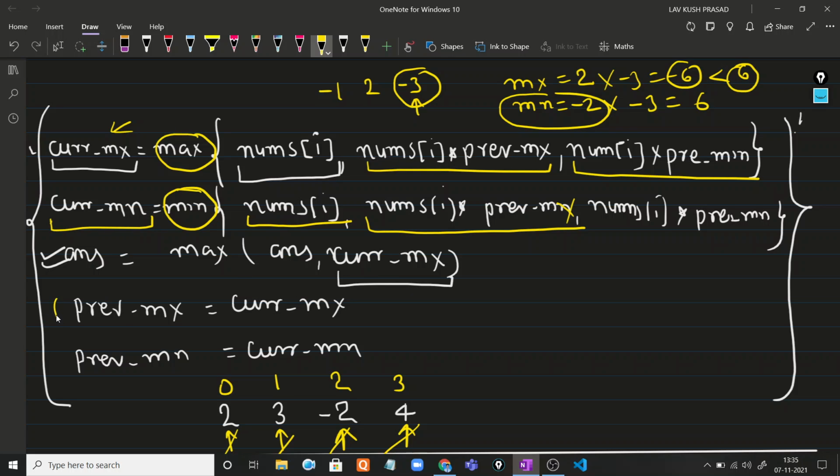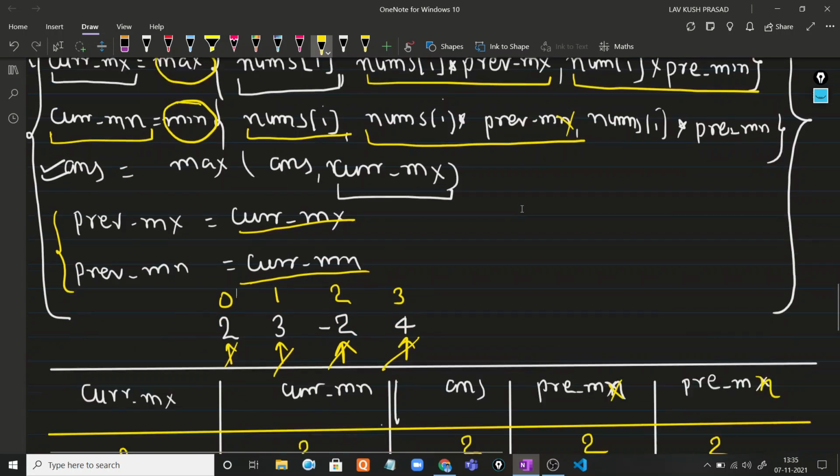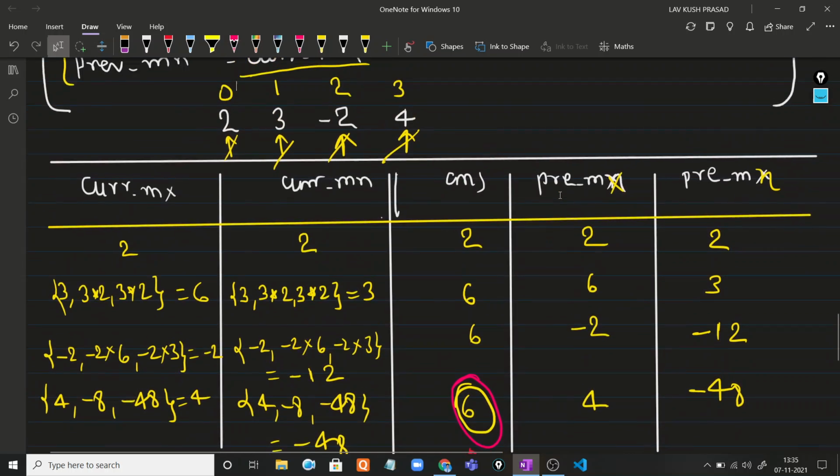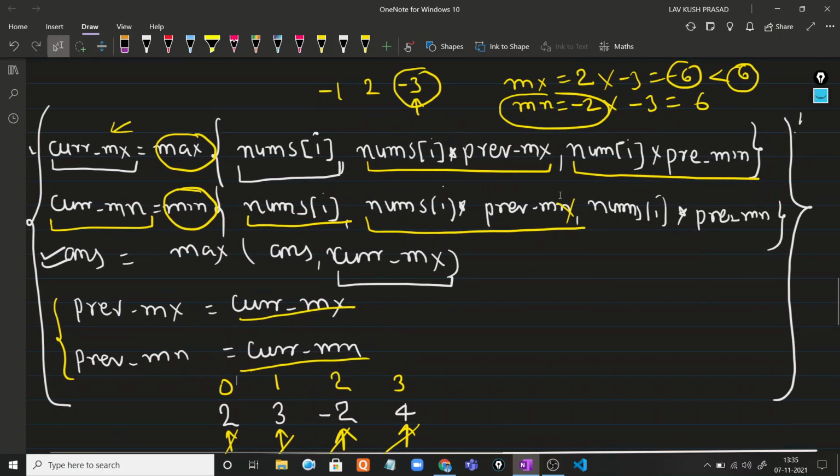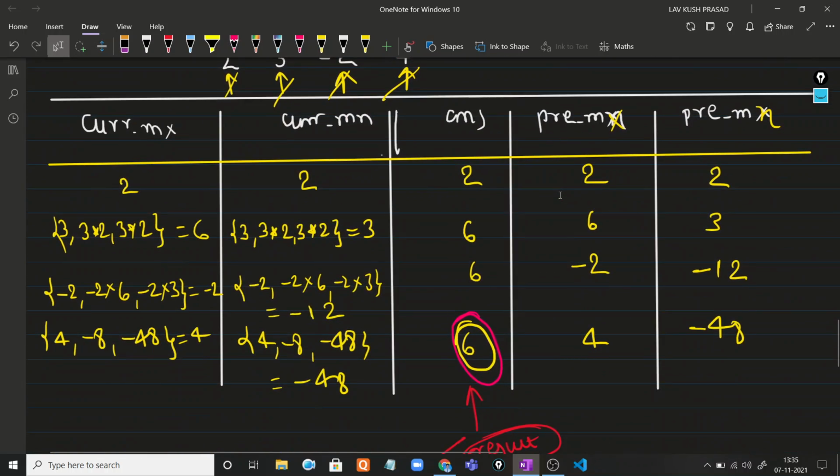And at every step we update the previous max, which is equal to current max, and the previous min is equal to current min, right? Using this formula, like an algorithm, we can find the value of the answer, okay, and this is our required answer.